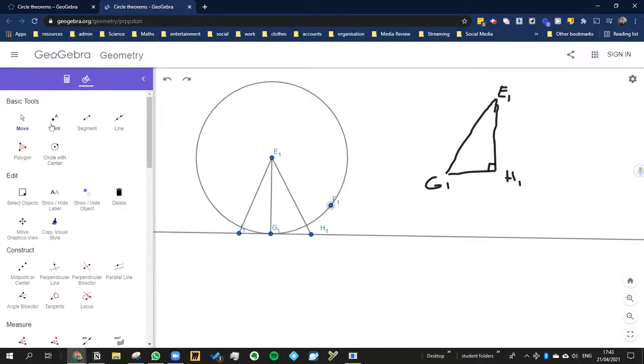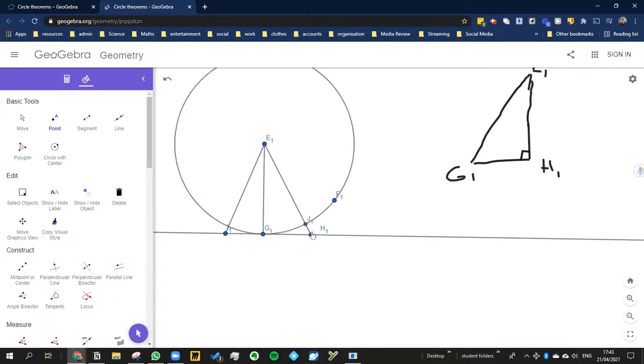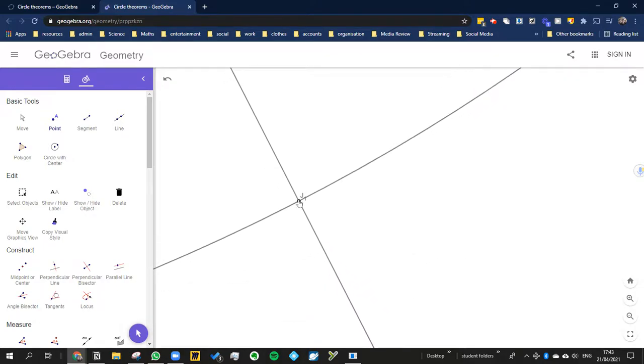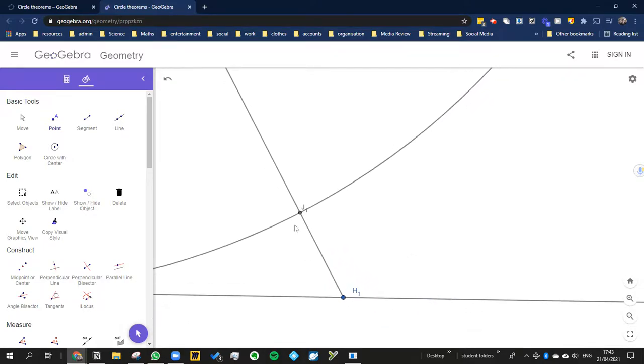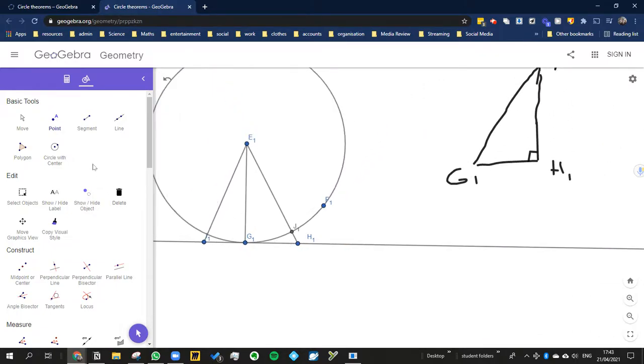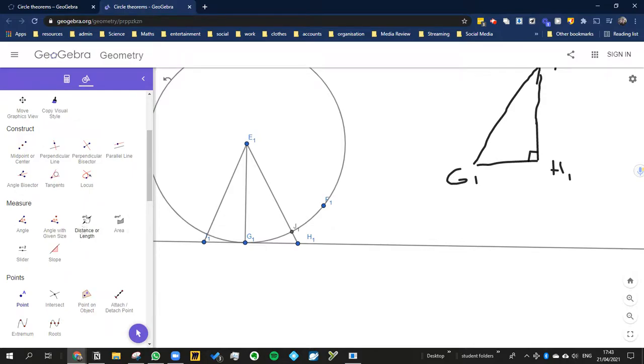I'm going to put another point here. I don't know how to get this exactly right. There probably is a way. It looks like it automatically makes it exactly right. Anyway, so I've added a point J1 there, and I think there should be a way of measuring this.